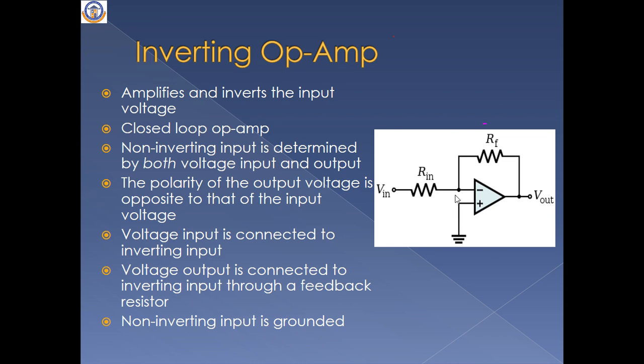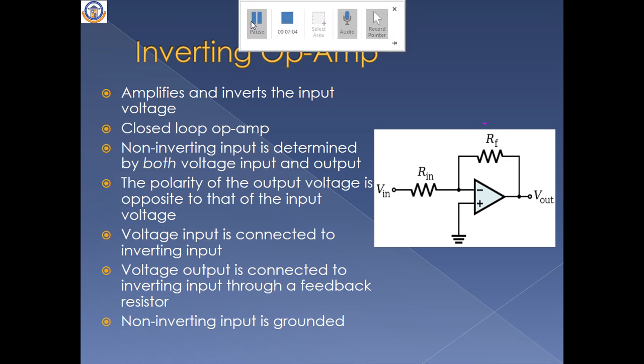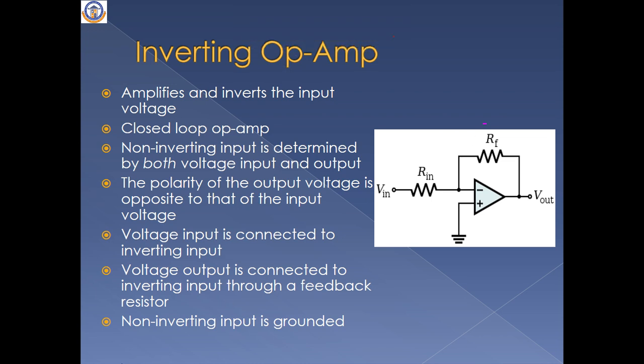So this is the setup of the closed loop inverting operational amplifier. We will see how to calculate the gain of this closed loop inverting amplifier. So let's derive the gain of this inverting amplifier.